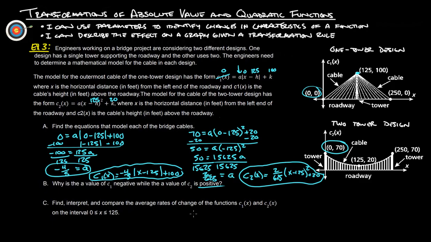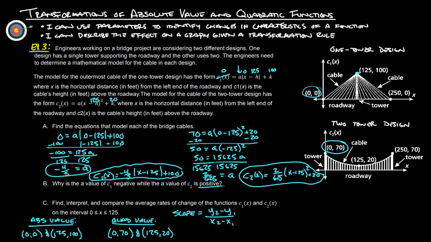Find, interpret, and compare the average rates of change of the functions C1 and C2 on the interval between 0 and 125. For the absolute value, we've got the points (0, 0) and (125, 100). For the quadratic, we've got (0, 70) and (125, 20).